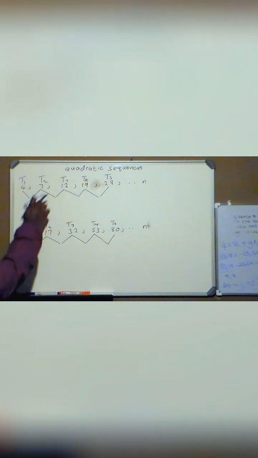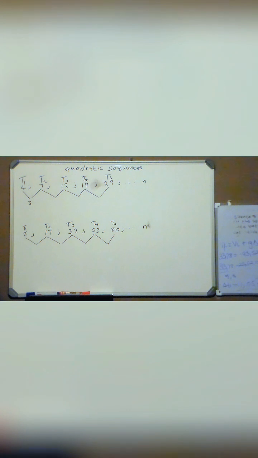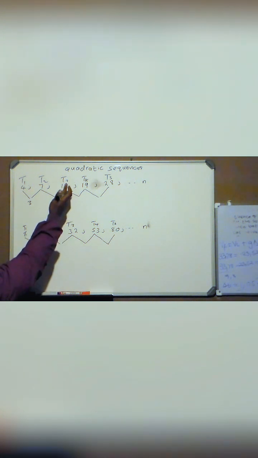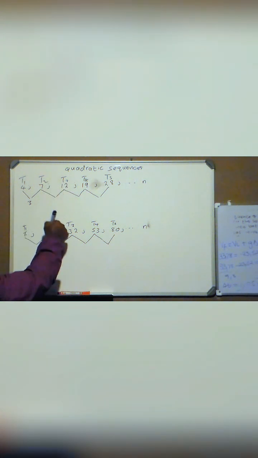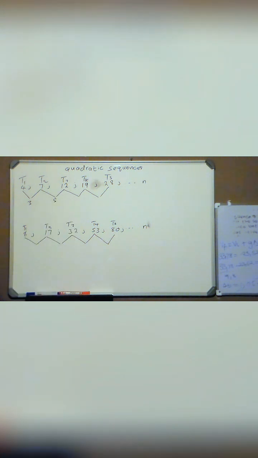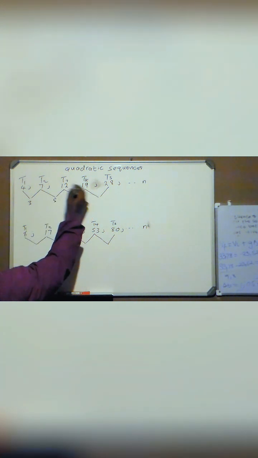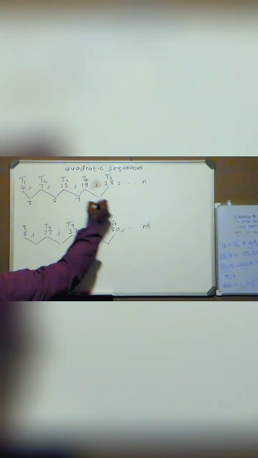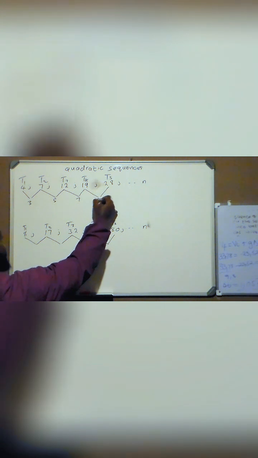So t2 minus t1 is 7 minus 4. So this will give us 3. And then second is t3 minus t2, 12 minus 7. This will give us 5. And then we go 19 minus 12. This will give us 7. 28 minus 19. This will give us 9.